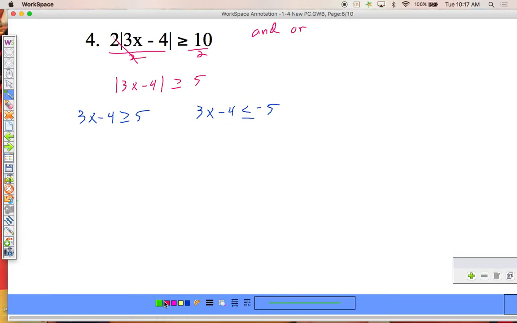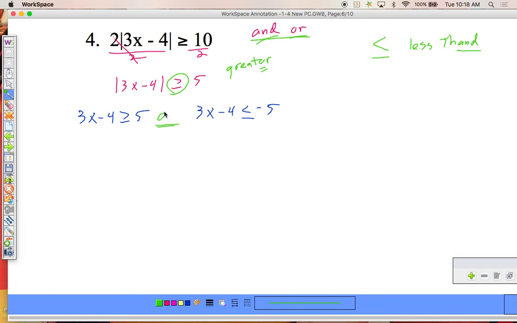All right, so now I need a word between these 2 inequalities. I'm going to read this as a greater than symbol. That tells me it's an or problem. If it's a less than, I'm going to read it as less than, which would be an and statement.